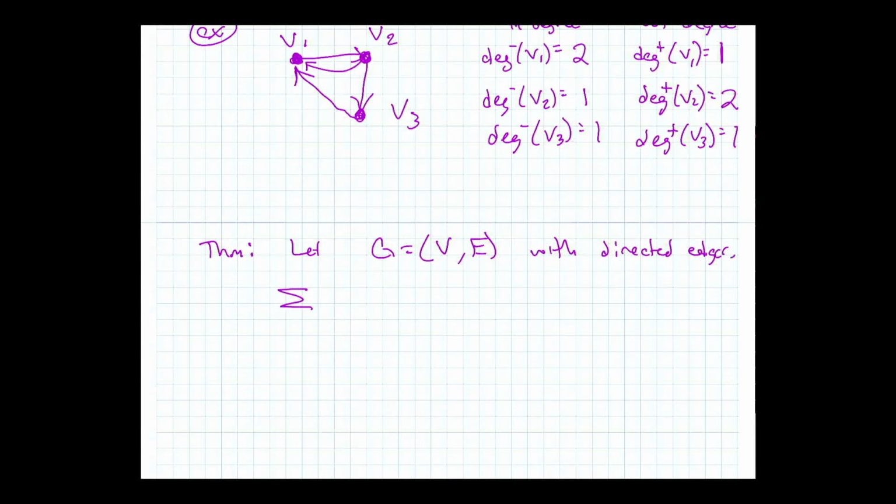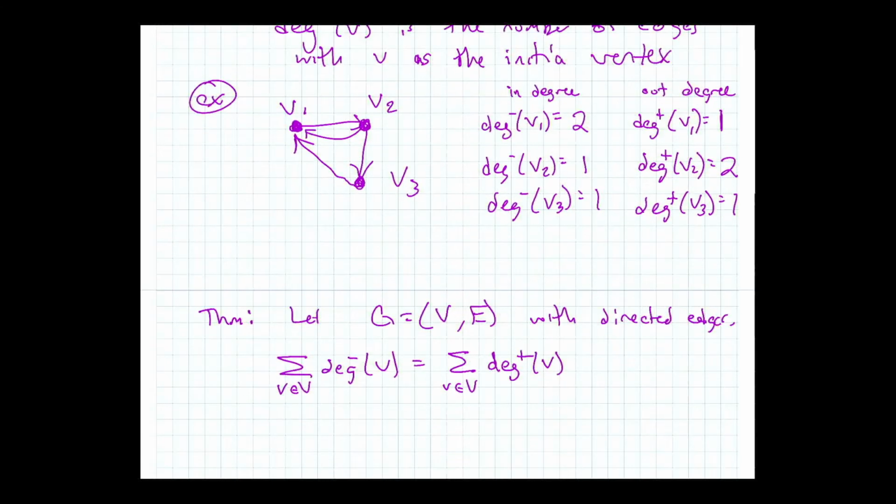So if you add up the in degree, that's going to be equal to if you add up the out degree, right? Like if you just add these numbers, 2 plus 1 plus 1 is 4, 1 plus 2 plus 1 is 4. So both 4.